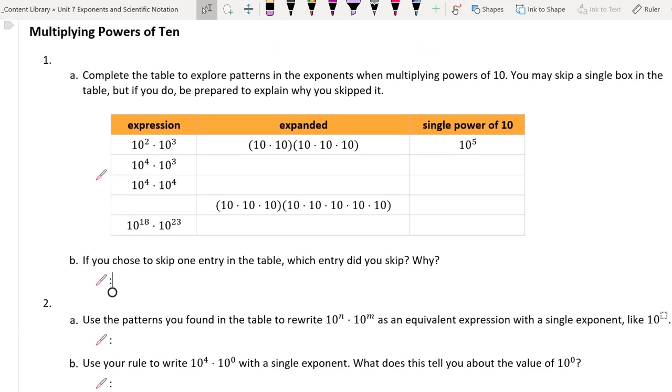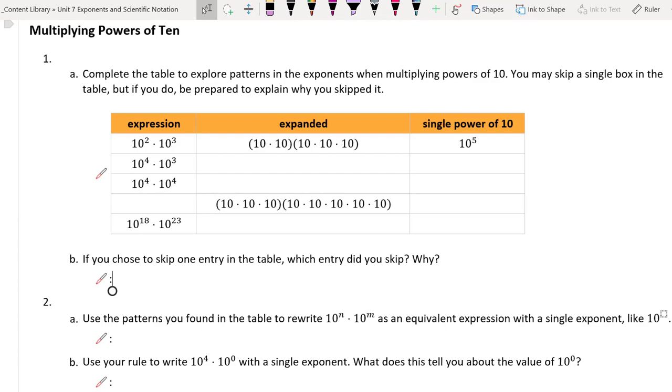So here we go. Complete the table to explore patterns in the exponents when multiplying powers of 10. You may skip a single box in the table, but if you do, be prepared to explain why you skipped that. So on this, because of what I've already done with you, I think you could be able to do this part on your own.